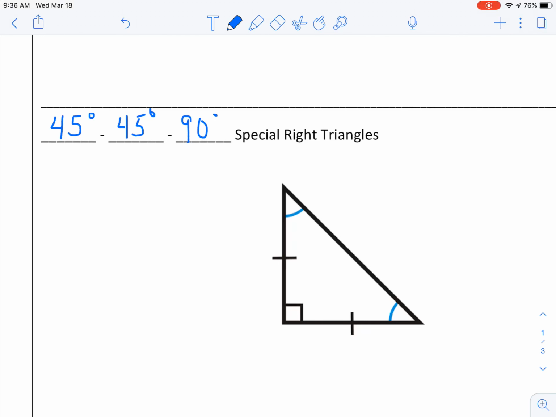And what I want you to know about this right triangle is the side lengths won't always be 1, 1, rad 2, but they will always be in the ratio A, A, A rad 2. So, for example, if I told you that this side A was 3, you would know this was 3, and then this side would be 3 rad 2.